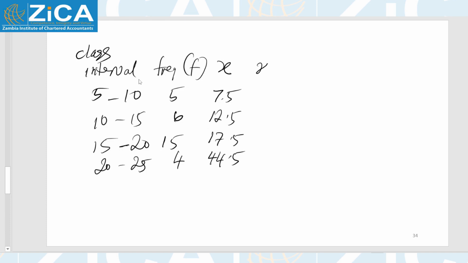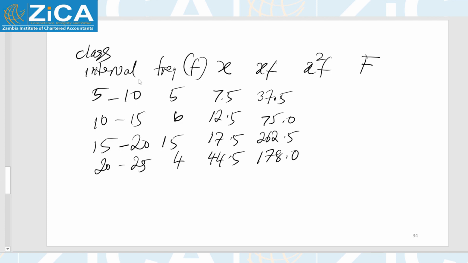So get the product again, X times F, and also get X squared F in this column, and get the cumulative frequency, capital F. The product here, if you multiply, this will be 37.5. This will be 75. If you multiply, this will be 262.5. If you multiply this, this will be 178.